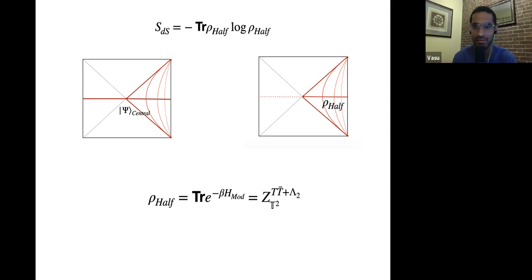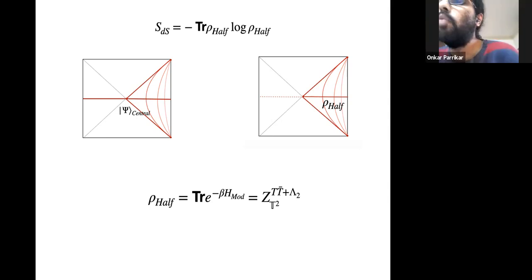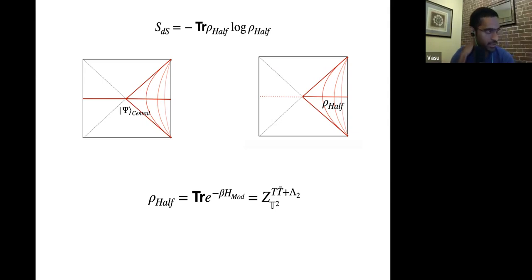Just to follow up on Shiraz's question, is there a particular temperature for the BTZ black hole which I should start with, so that when I flow in, I match onto the de Sitter solution properly in the IR? No, not necessarily, because, well, okay, it depends on how you're doing the matching.